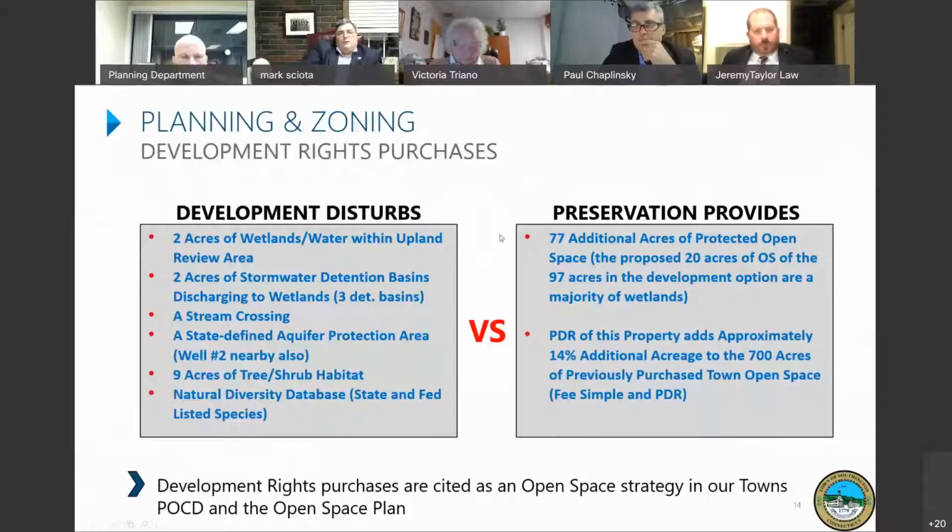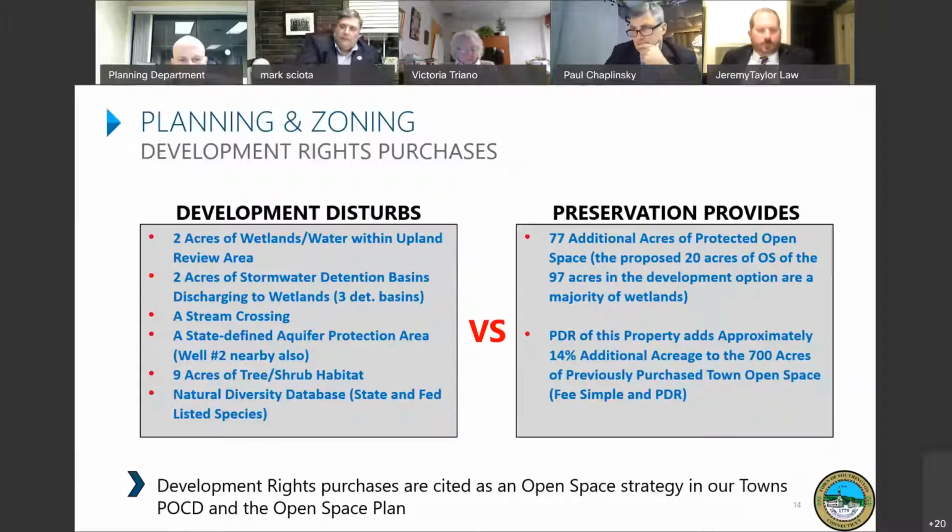So with that plan that's been approved, the development of that plan would disturb 2 acres of wetlands and water within upland review area. It would add 2 acres of stormwater detention basins, discharging to wetlands, 3 total basins. It would create a stream crossing from a roadway crossing, which would impact obviously further wetlands.